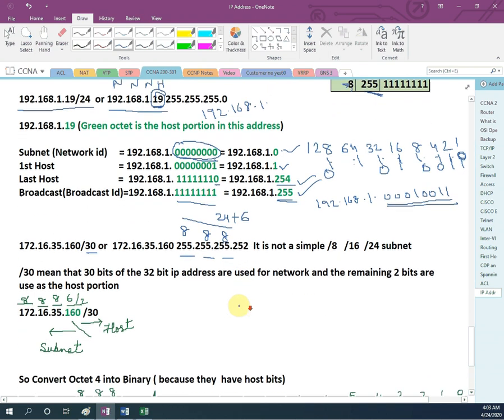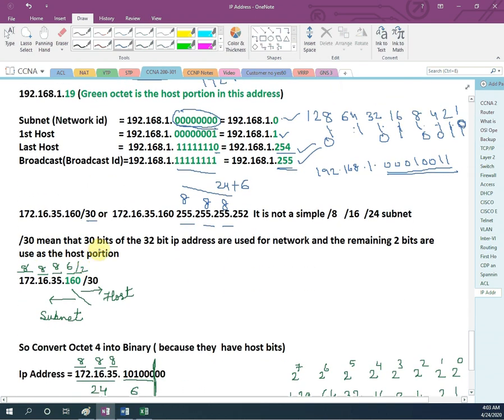Okay, so now divide by 30 means we have 30 bits for the network out of a total of 32 bits, right? From 32 bits I have taken 30, so 30 will be for network and 2 will be for host. So how are we going to calculate? First we need to divide this into the network as well as the host portion.